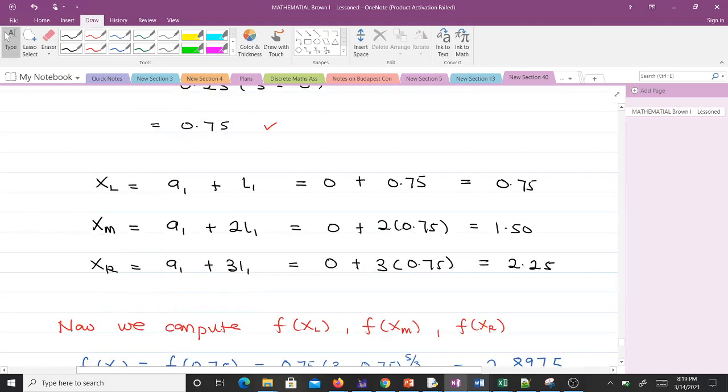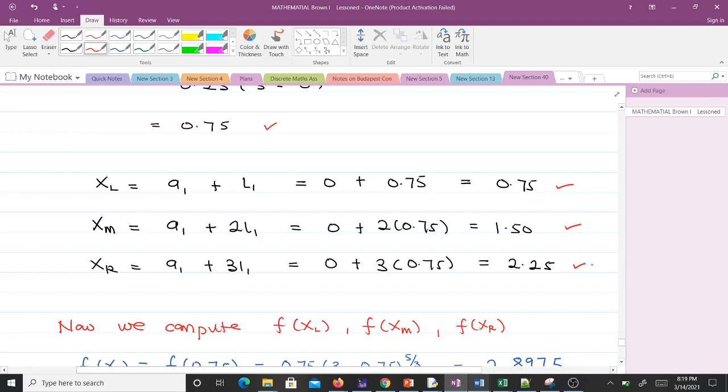We have to compute xl, xm, and xr. xl is given by a1 plus L1, which is 0 plus 0.75, which gives us 0.75. xm is a1 plus 2L1, which is 0 plus 2 times 0.75, giving us 1.5. And xr is a1 plus 3L1, which gives us 2.25.